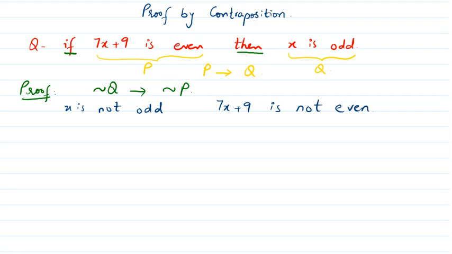ठीक हो गया। अब यहाँ पे आप keywords जो यूज करने जा रहे हैं वो क्या है, if this then this, because we are just carrying out implication here. ठीक, now what I can write it further is that x is not odd. अगर x odd नहीं है तो फिर वो definitely क्या होगा, even होगा. So the statement at hand will be: if x is even, then 7x plus 9 is not even का क्या मतलब हुआ? अगर वो even नहीं है तो फिर वो क्या है?